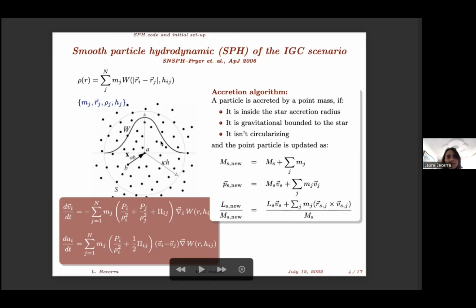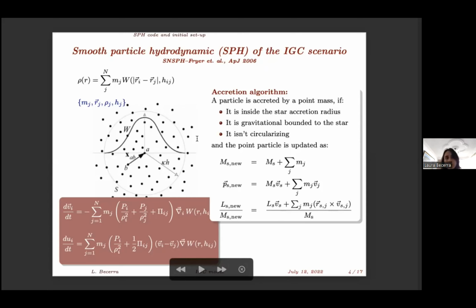And also, in order to model the induced gravitational collapse, we have introduced in the simulation two point particles that will be modeling the neutron star and the new neutron star. These point particles interact gravitationally with the other particles of the fluid, but not hydrodynamically. And these particles can also accrete other fluid particles if they fulfill three conditions: the particle is inside some accretion radius, it is gravitationally bound to the point particle, and it is not circularizing around the particle.